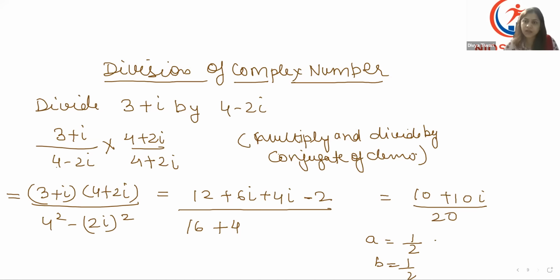If it is clear, then I am moving to the next topic, and this is the last topic of the chapter, that is to find the square root of a given complex number. Two more properties have been left in between: one is the additive inverse and one is the multiplicative inverse. So firstly see those, and then we will do the square root.